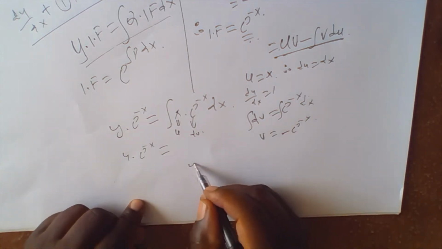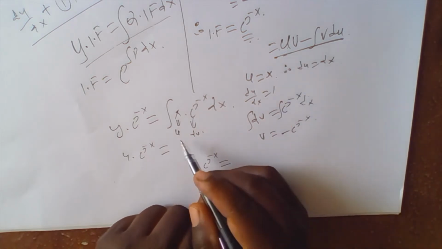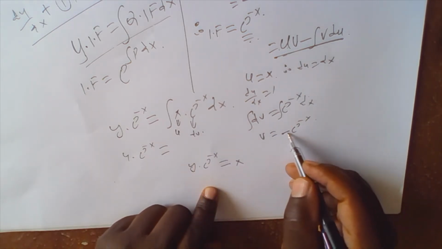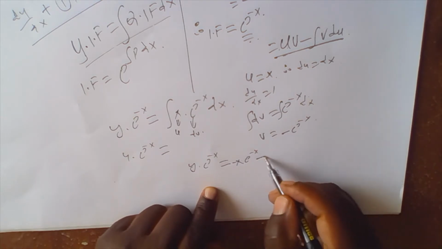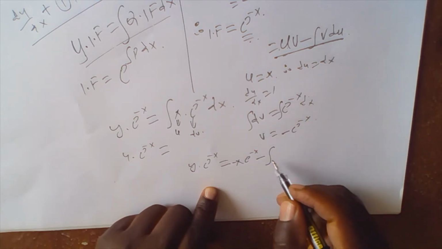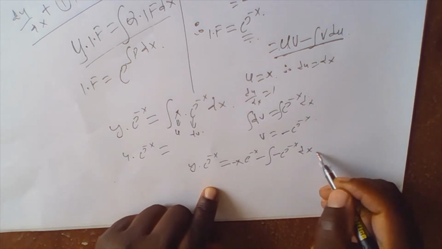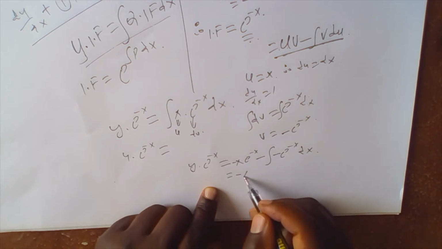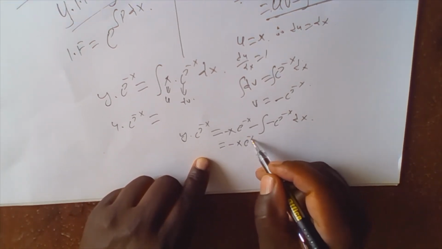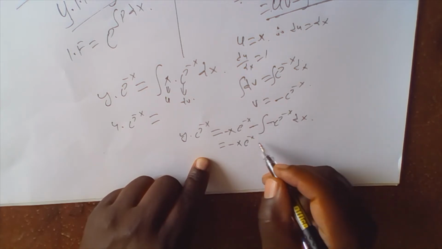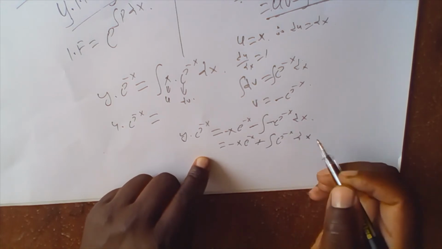So we shall say that y times exponent minus x equals, now our u here is x, our v is minus exponent minus x, then minus the integral of v du, which equals dx. So this equals minus x exponent minus x, minus, this comes positive, the integral of exponent minus x dx.